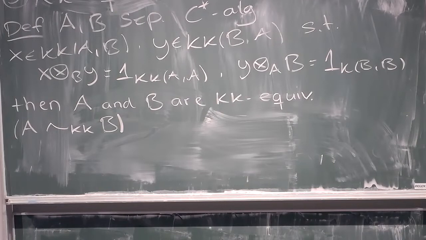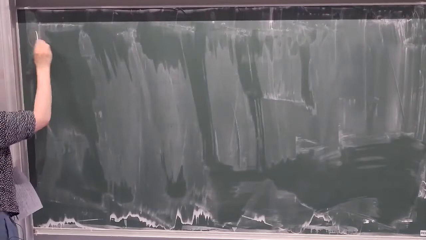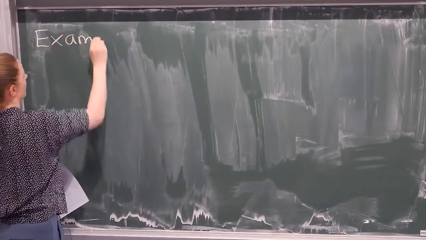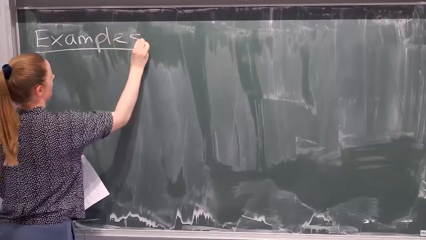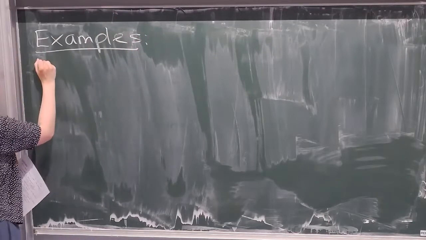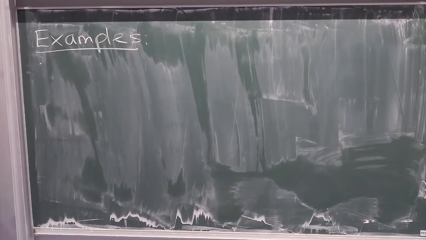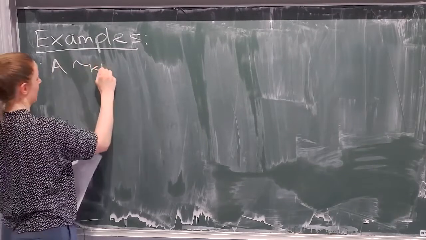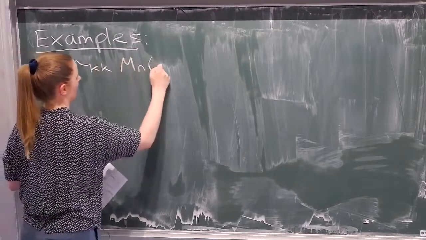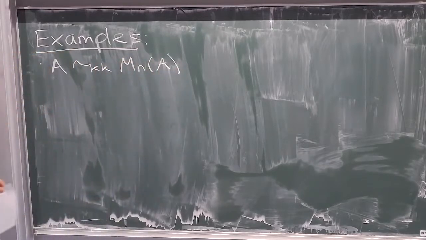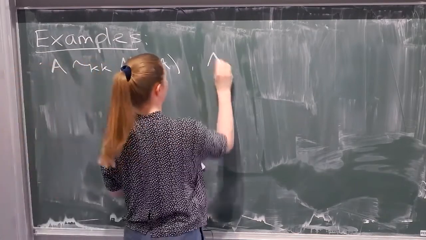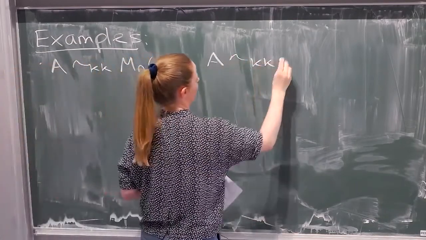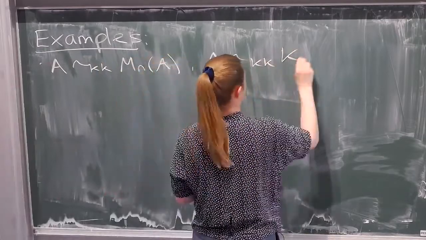Instead I will look at some examples, in particular with split exactness. Some of these examples we also saw last week, but we always have that A is KK-equivalent to the matrices over A, and also to K tensor A.